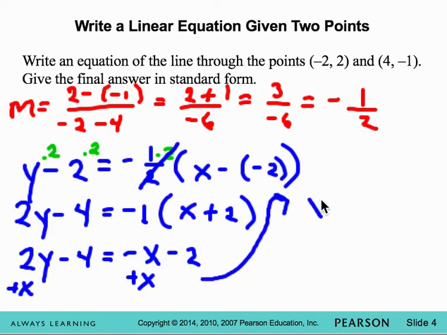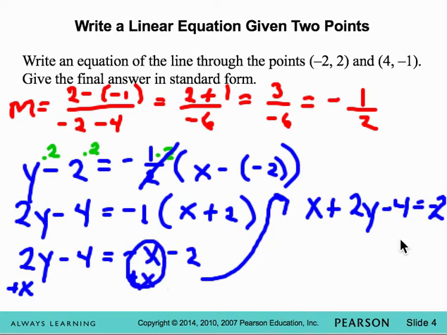So that gives me x plus 2y minus 4 equals -2, right? Because that's now gone, that's 0. And move your number to the other side. Okay, so x plus 2y equals 2.